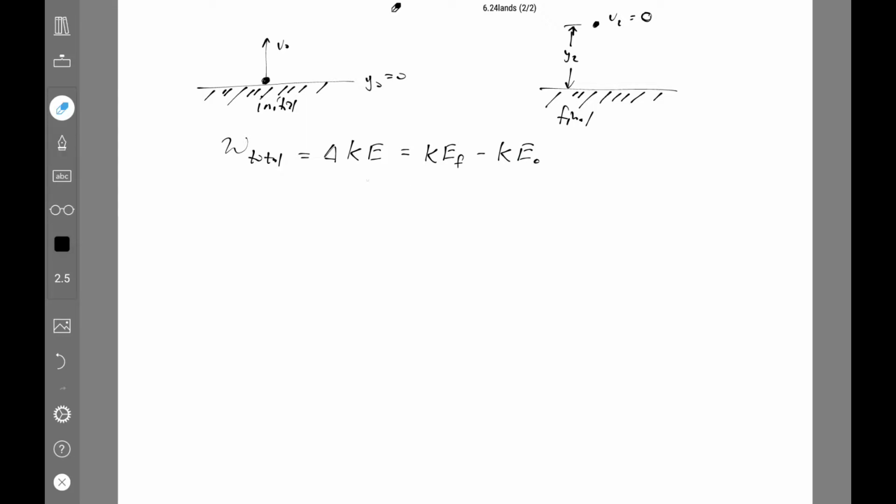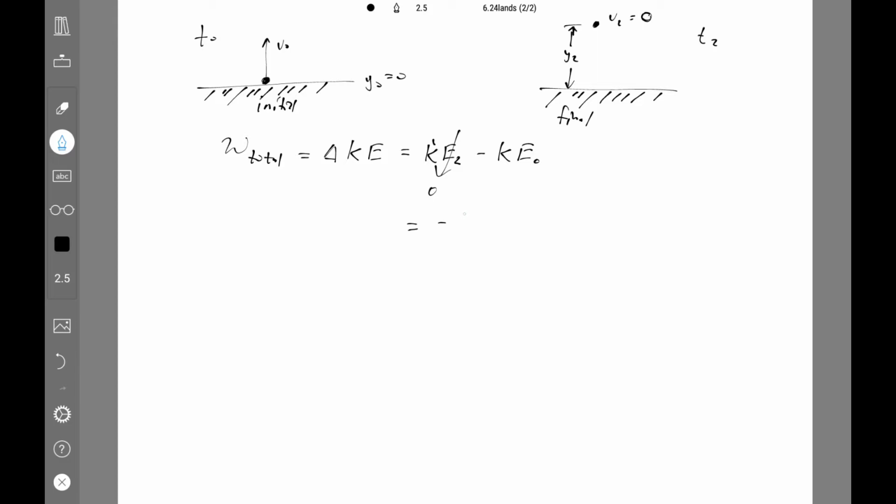Let me change that F to a 2. Kinetic energy at time 2 is actually 0 because the velocity v2 is 0.